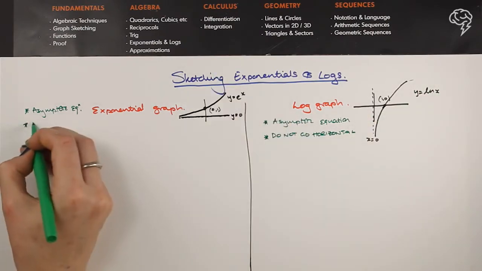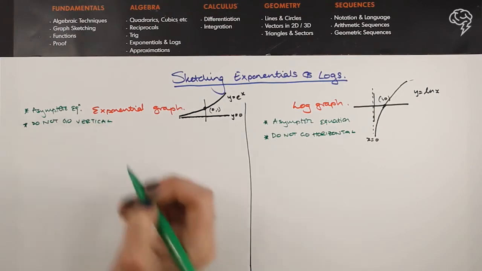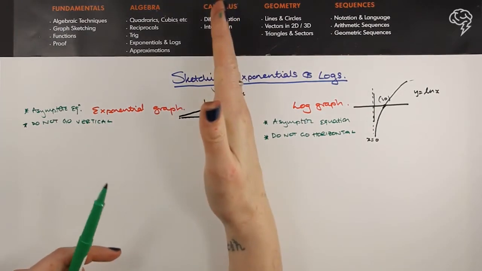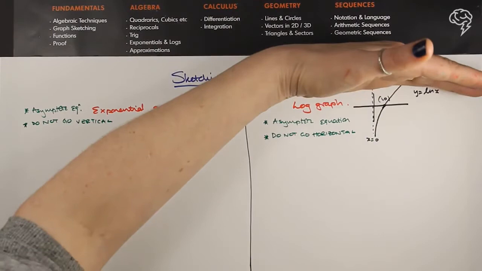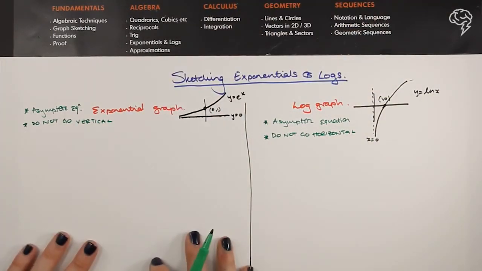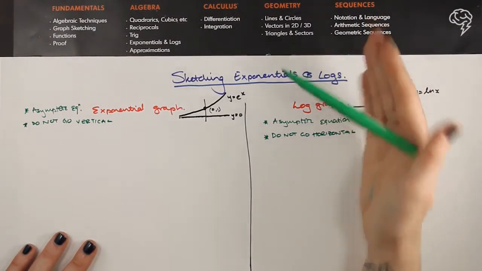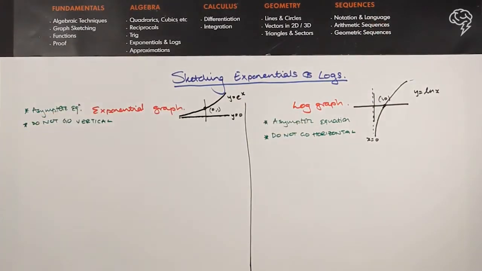Do not go vertical. When you're drawing exponential graphs, don't go vertical. The log graph does not go horizontal. So don't even suggest to me as the examiner that you think this flattens out and has another asymptote, because it doesn't. There is only one asymptote here and one asymptote here.